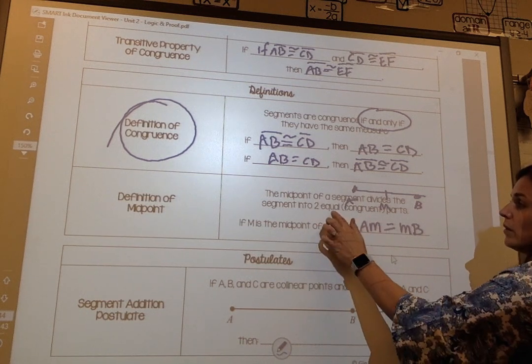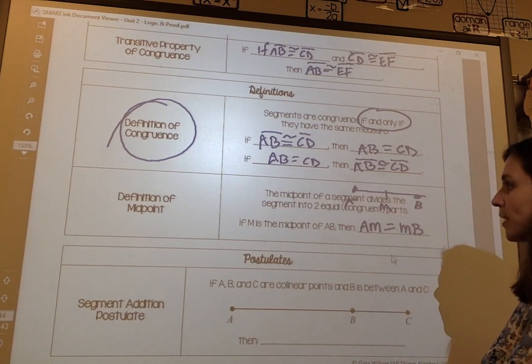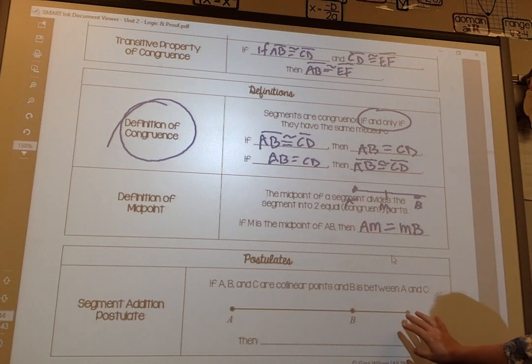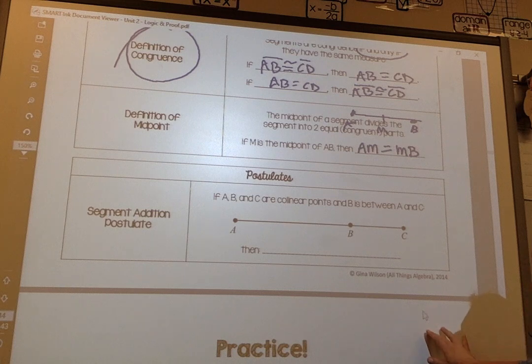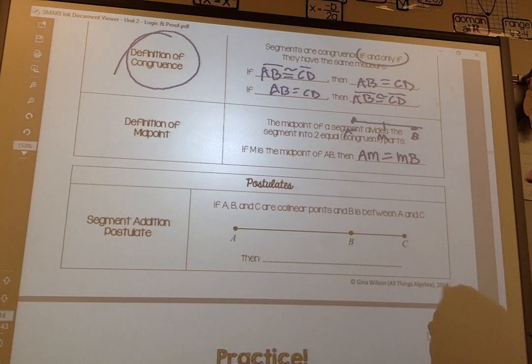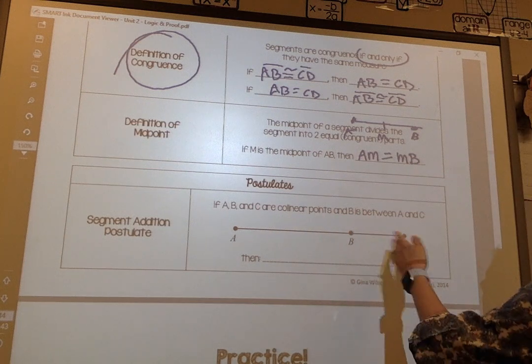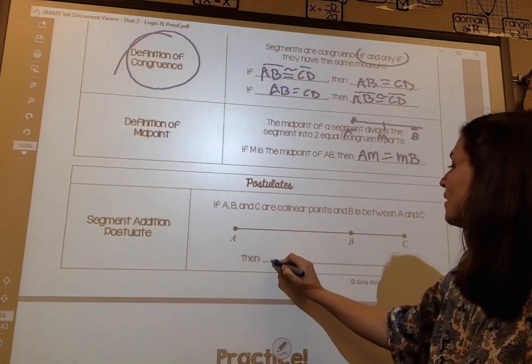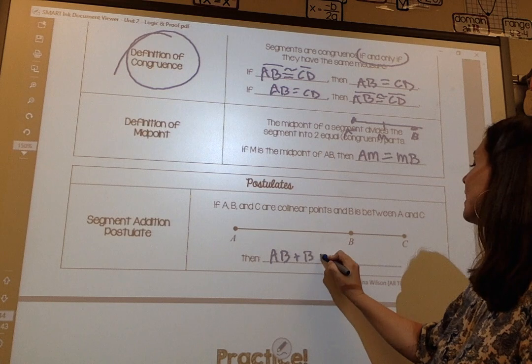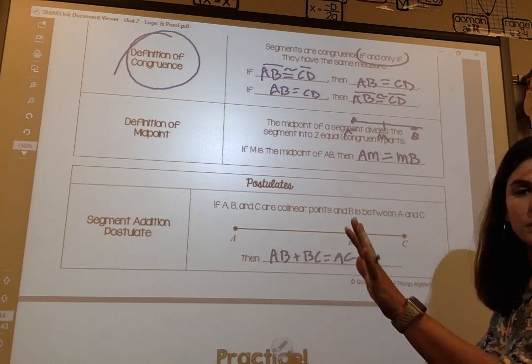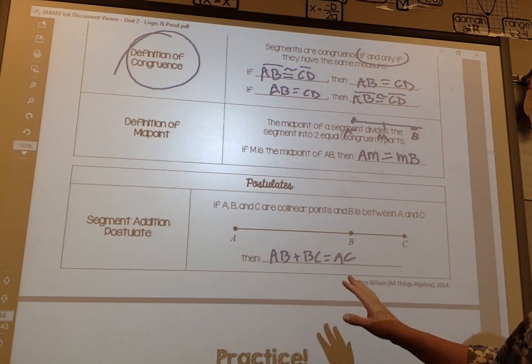Midpoint means equal, or congruent parts. I can put that in and then claim definition of congruence. All right, here's my postulate. The segment addition postulate says if A, B, and C are collinear and B is between them, then we already know this: AB plus BC equals AC. We've already been over that one.